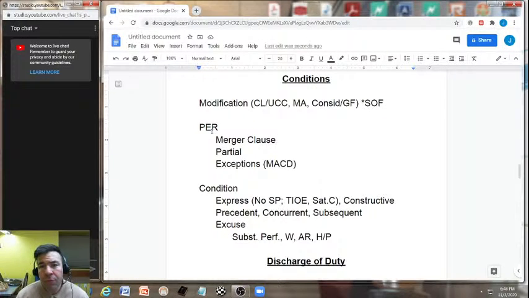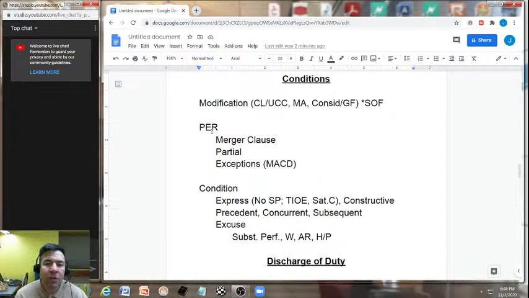The parole evidence rule is defined as such that prior or contemporaneous oral or written communications between the parties cannot come in to vary, alter, or change an otherwise integrated agreement. Okay? Now, and why is that such a big deal?